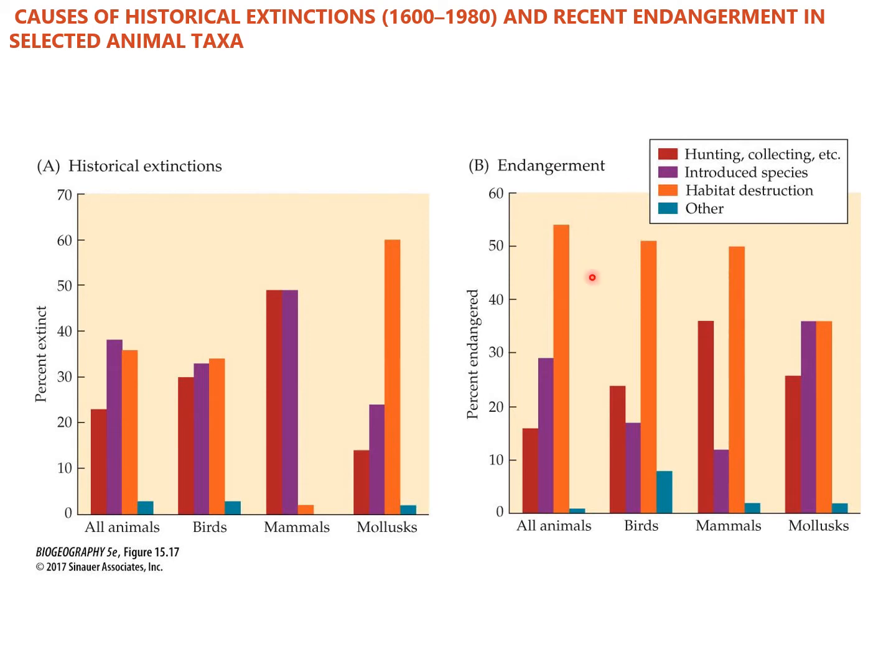But if we look at recent endangerments, you see a much heavier bias in habitat destruction across most of these groups. Mollusks, actually, I don't know if that's a good sign, but mollusks seem to be going extinct or endangered for other reasons more recently, as opposed to these others where it's almost always habitat destruction that's the largest contributor to being an endangered species.